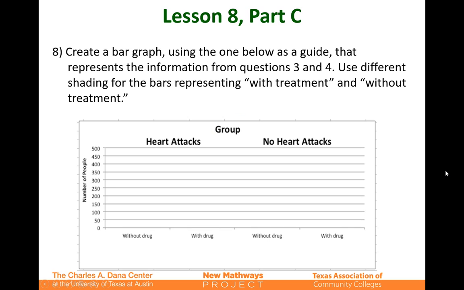If we make the same graph, it's going to be much smaller. So let's do without the drug, before we did blue. So without the drug, we think 50 people will have a heart attack. That means 450 won't.